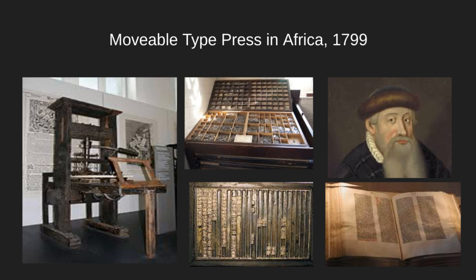Now you can see here Gutenberg, who in the 15th century invented the printing press, and you can see what the printing press looks like here, and the little block letters that one puts on the press and then smears with ink and flattens the piece of paper on top of it.